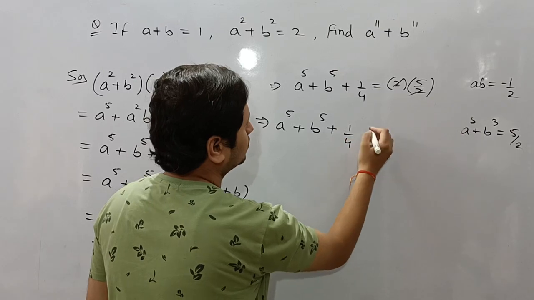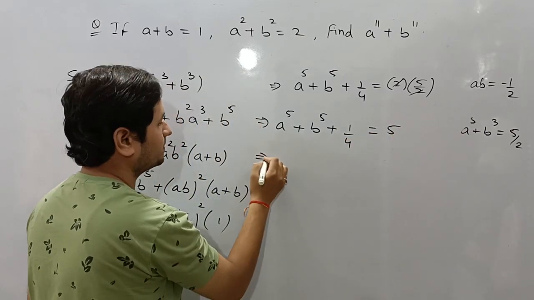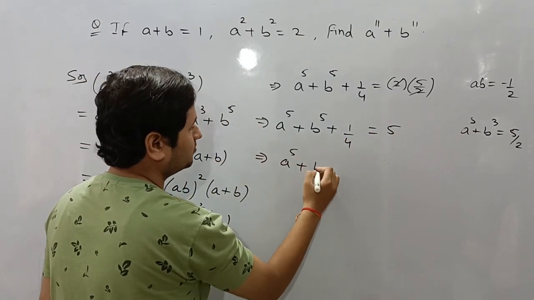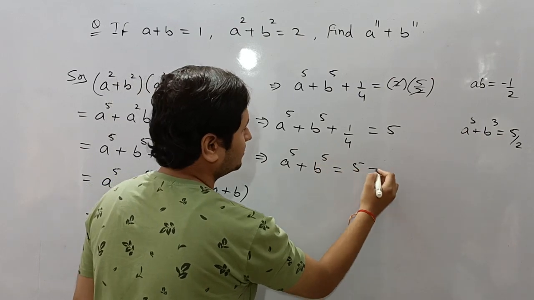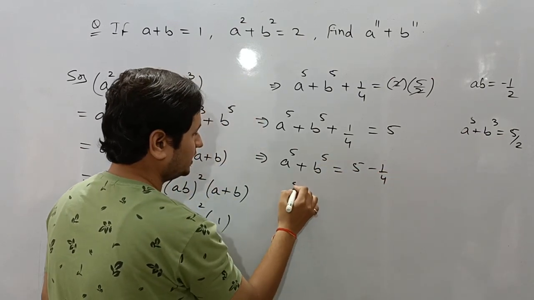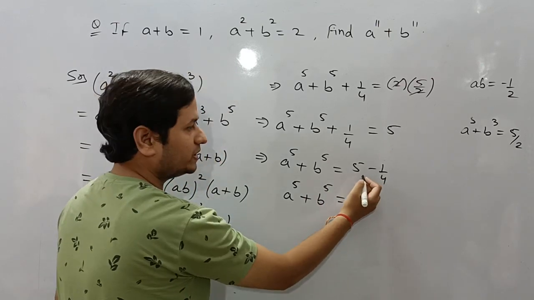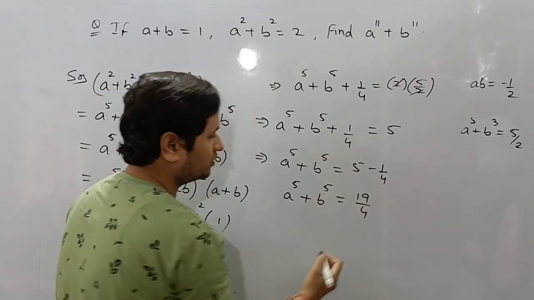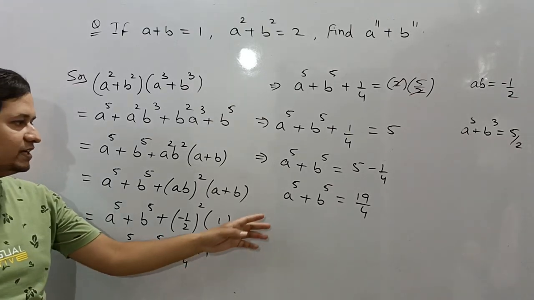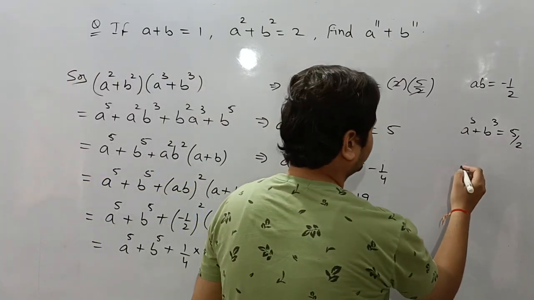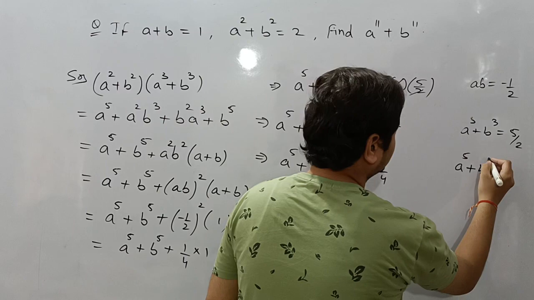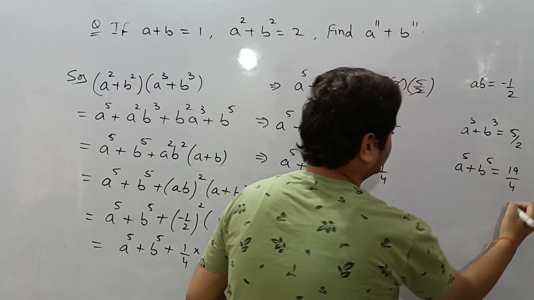So 1 by 4 is equals to 5. a raised to the power 5 plus b raised to the power 5 is 5 minus 1 by 4. 5 4s are 20, 20 minus 1, 19 upon 4. So we have a raised to the power 5 plus b raised to the power 5 equals 19 upon 4.